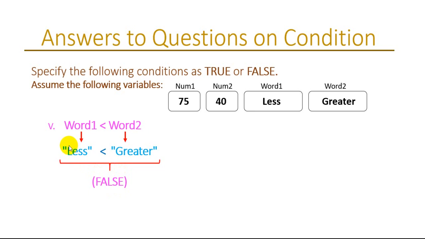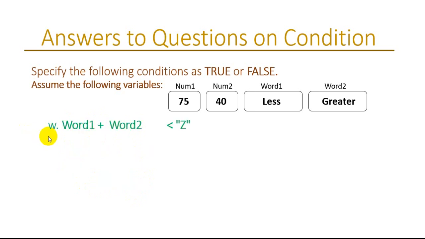Because L is bigger than G. Therefore, when you say L is less than G, it is false. So WORD1 less than WORD2 evaluates to false. If we had said WORD1 greater than WORD2, then it would have been true, because L has a higher ASCII value than G.